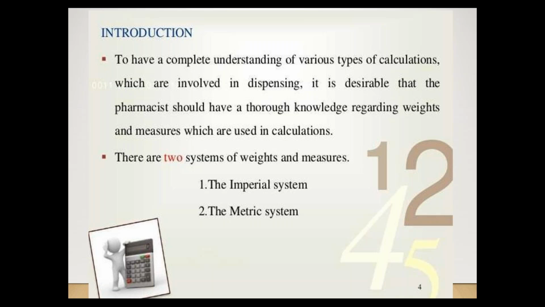Basically, there are two systems of weights and measures. The imperial system, which is an old system, and the second one is the metric system, which we are currently using. Metrology is nothing but the study of pharmaceutical calculations by various systems.